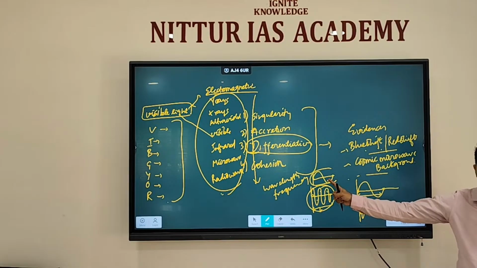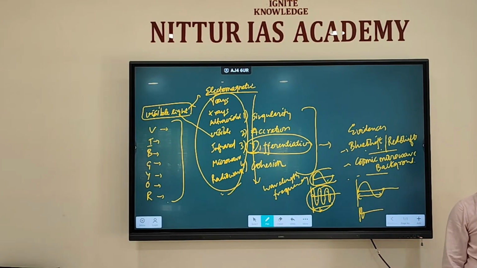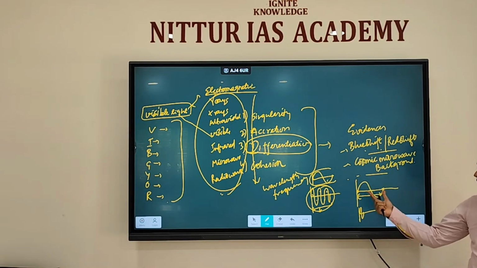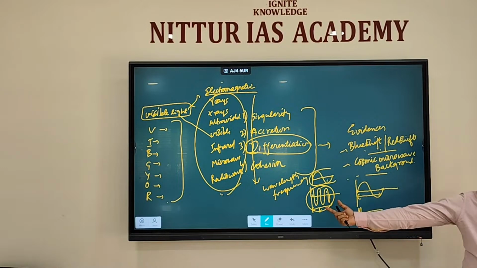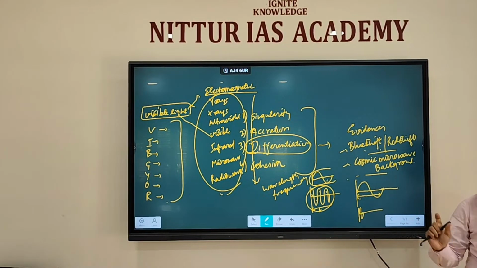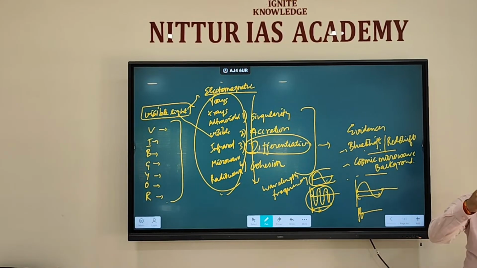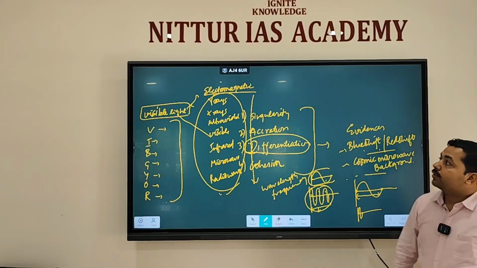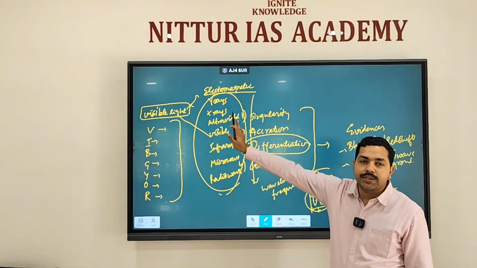If it is covering fewer cycles, then less frequency. So wavelength is how much distance you travel in one cycle, and frequency is how many cycles you cover within a specific time. That is called frequency. Clear? So out of these, which have a higher wavelength, which have a higher frequency?